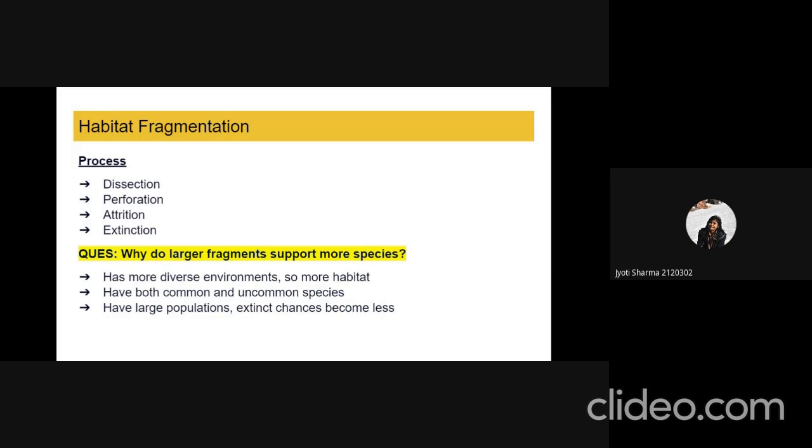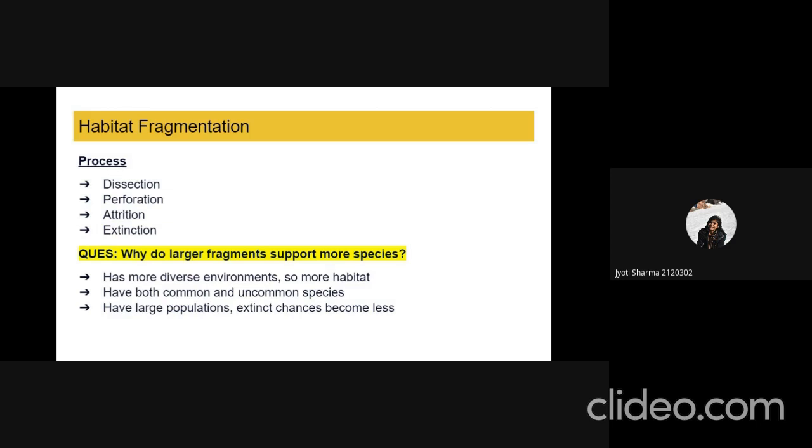If there is a larger area, there may be diversity in the environment as well. Like in 1 kilometer it may be a cold environment, and after that you may get a humid environment, and because of the differences in environment you can get more habitats. And more habitats means more species will be there, and we may have some common as well as uncommon species.